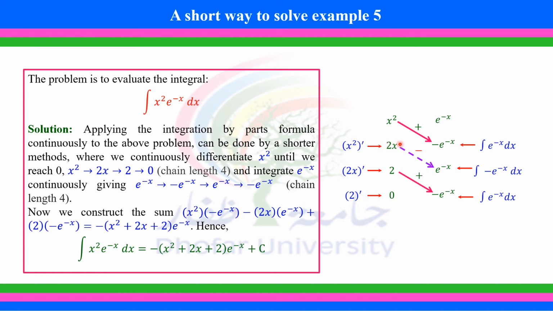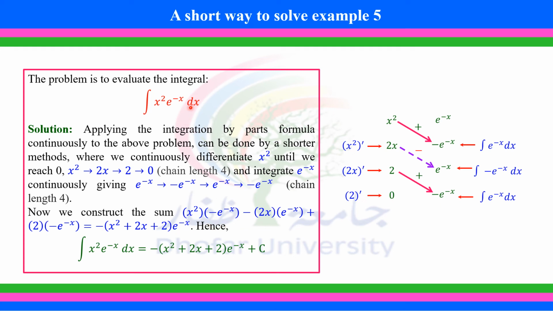Then the function 2x is multiplied by exponential minus x, but we give it a negative sign, so we subtract 2x times e power minus x. Then we multiply 2 by minus exponential minus x, and we give it a positive sign, because here the signs are alternating, starting by positive, negative, and so on. Okay, so then the third term, and when we sum them together, we obtain this one.